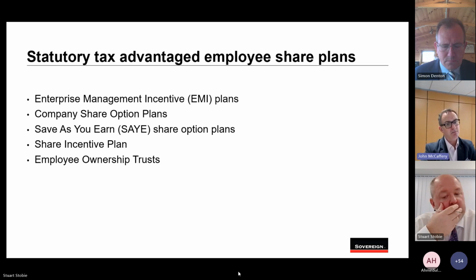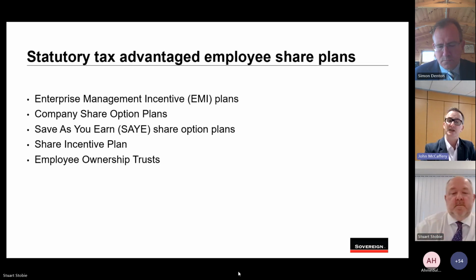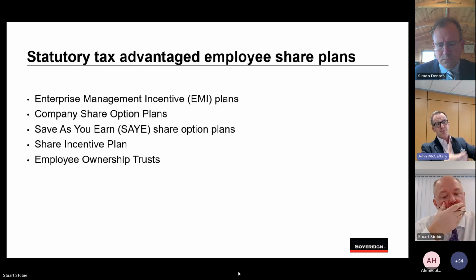They can purchase out of gross income up to another £1,800 worth of shares into the trust. The company can match 2 shares for every 1 share purchased in the trust. And as a result, you can get up to about 9 grand of benefit in the trust.